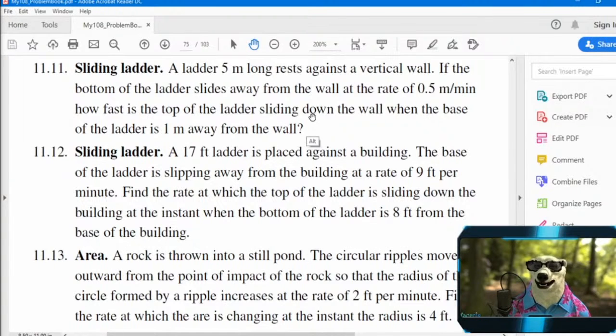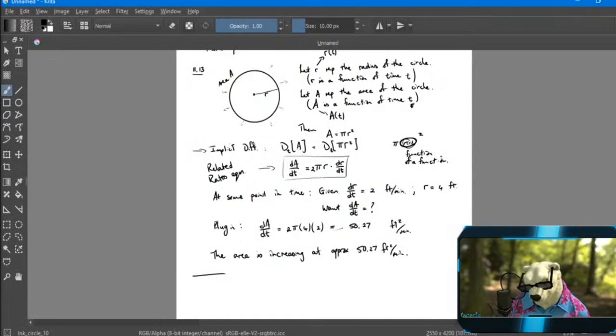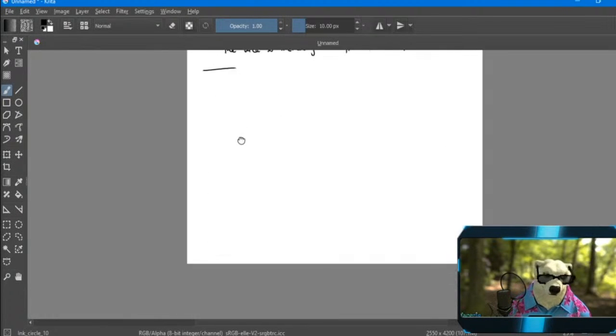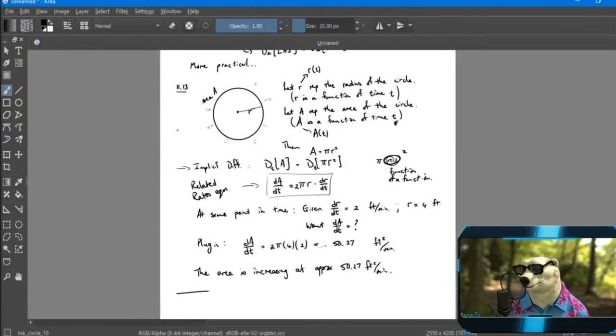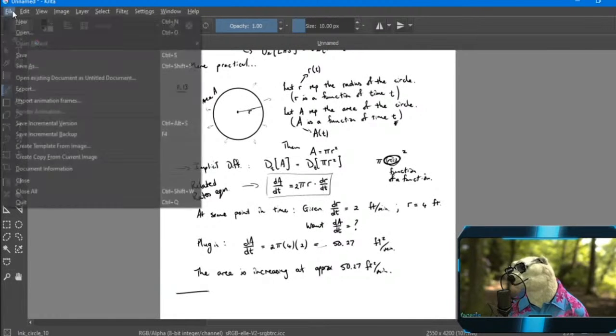All right, so before we worry about the whole question in one go, we want to visualize what's happening here, see what variables we need, and so on. Let me make a new page.